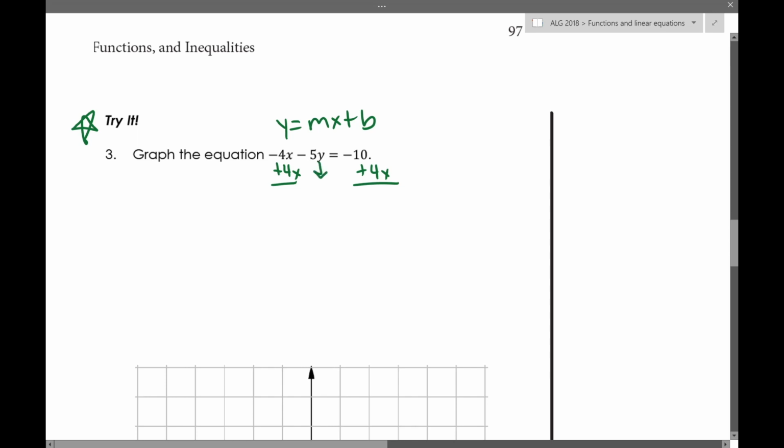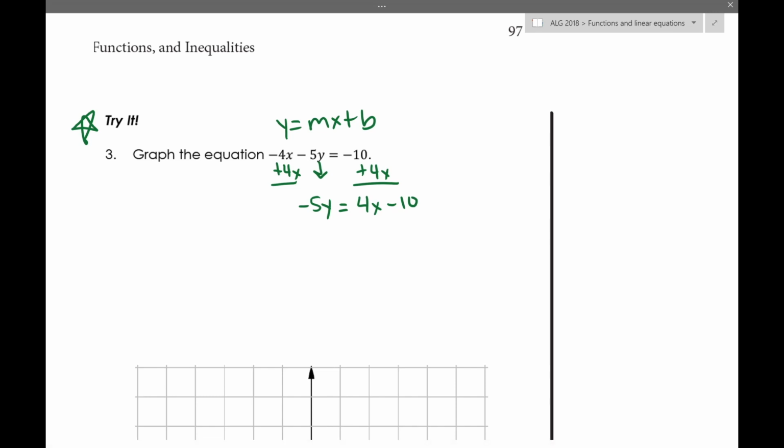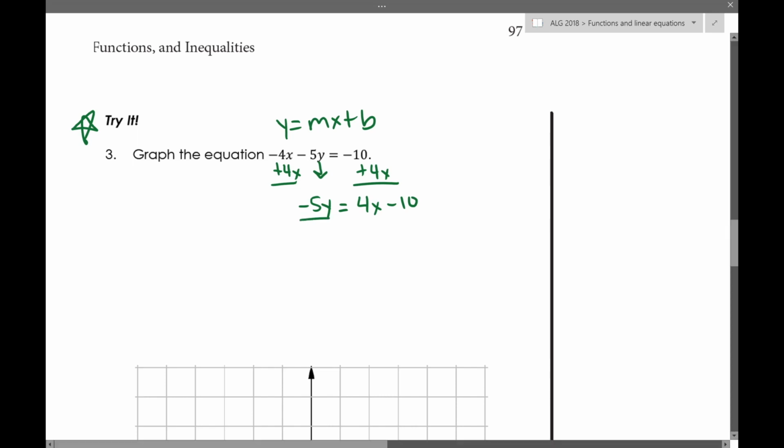I got to drop down my -5y. Once again, I need my x first, so I got to do 4x. And this is a -10, so -10. They are also not like terms, which is why the answer is not 6. My answer is 4x minus 10. The last step to do is divide by -5.